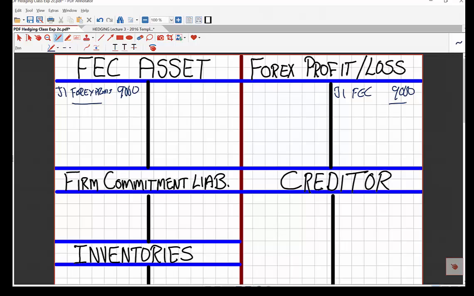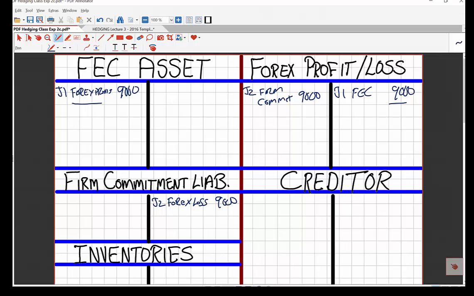Then journal number 2, as we said, we've got this firm commitment, and because it's making a loss, you debit the forex loss and you credit the firm commitment liability account. So journal number 2 will be your firm commitment 9,000, and there your journal number 2, your forex loss, and that is 9,000.